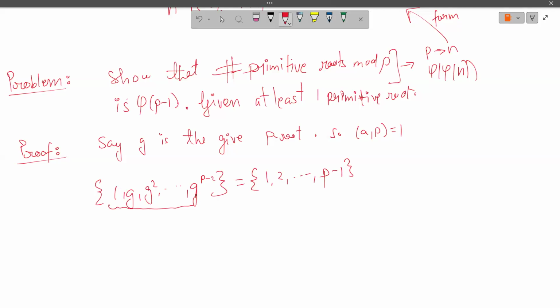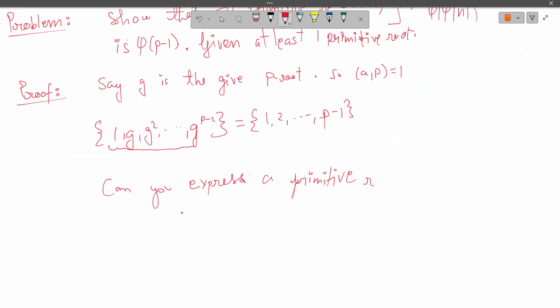That is the key idea. In the set 1, g, g squared till g to the power p minus 2, any number in this set which is coprime to p minus 1 would just be a primitive root, right? Precisely, that is indeed correct, Akshay.